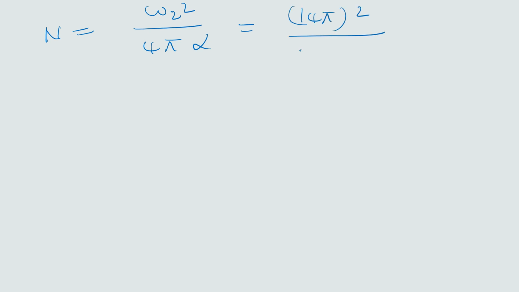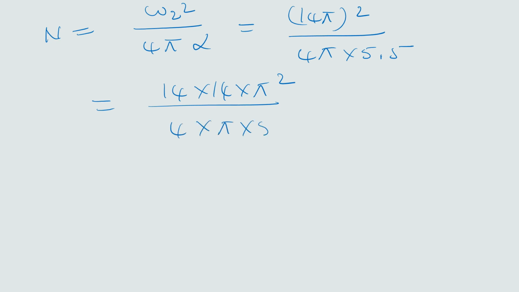Now n is equal to omega 2 square by 4 pi alpha, that is 14 pi whole square by 4 pi into 5.5, that is 14 into 14 into pi square by 4 into pi into 5.5. Pi gets cancelled. 14 14 is 196 by 22 into 22 by 7.